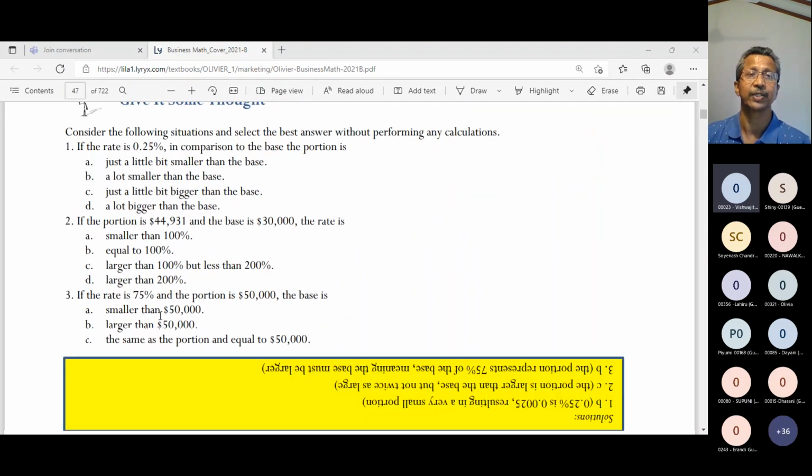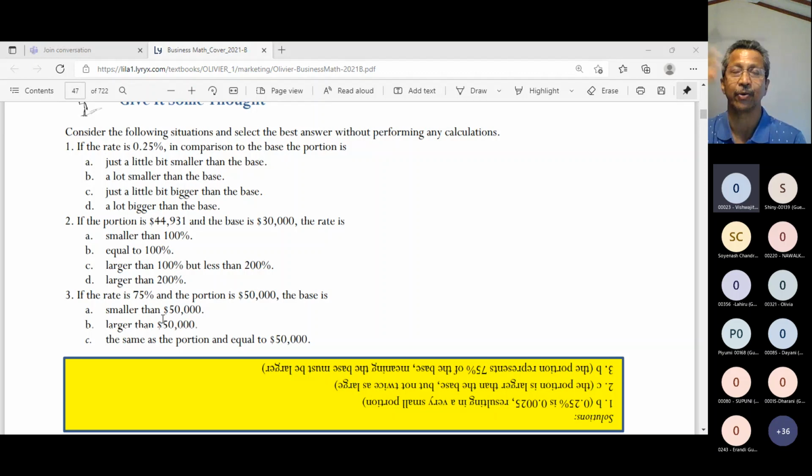We'll go through these questions. Consider the following situation and select the best answer without performing any calculation. I want answers from you. If the rate is 0.25% in comparison to the base.